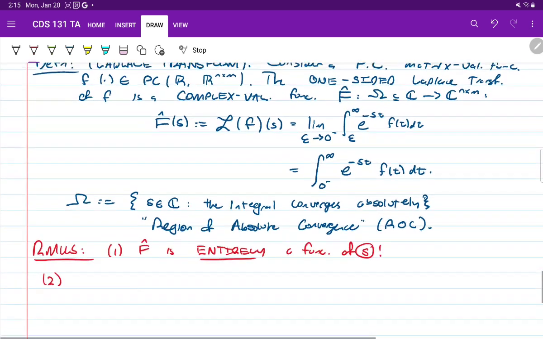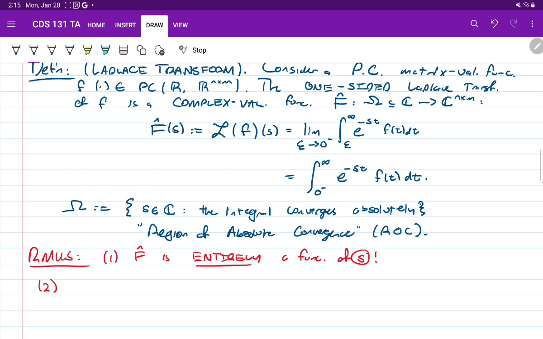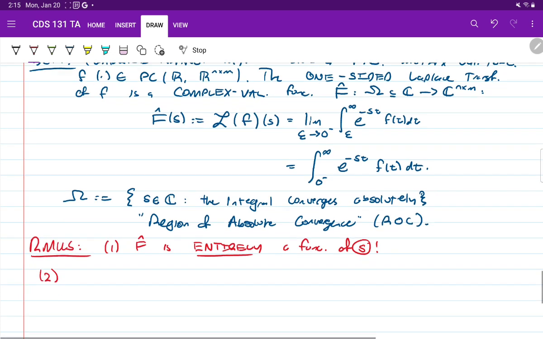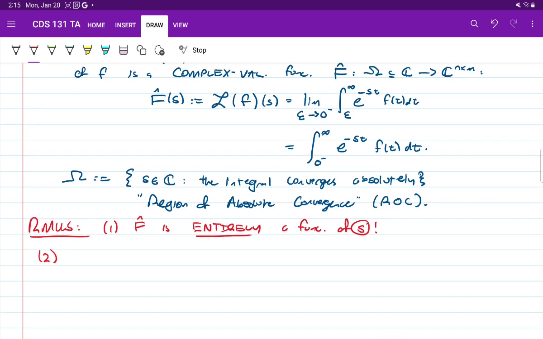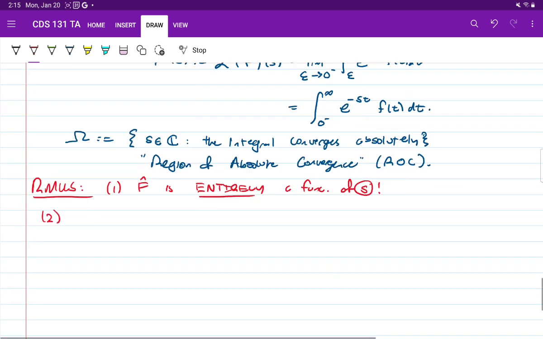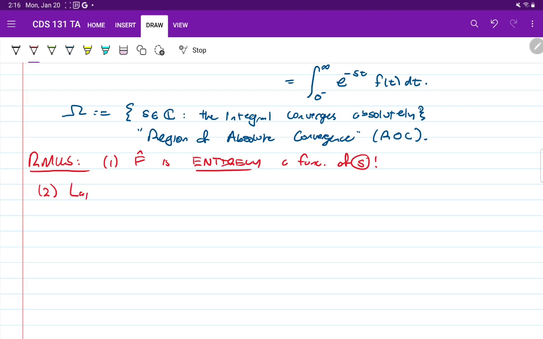Now, second, what I said is that here we're taking the integral of a matrix-valued function. In case you haven't seen this before, all that means is we're just taking the integrals entry-wise of that matrix. So, remark: the Laplace transform is defined entry-wise.